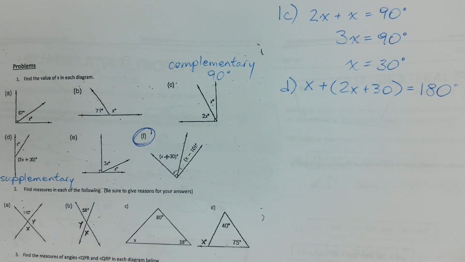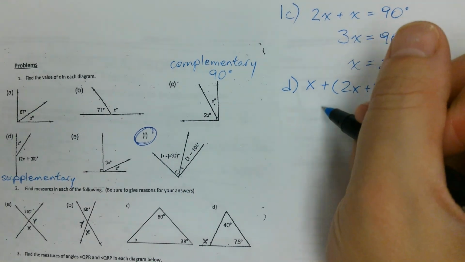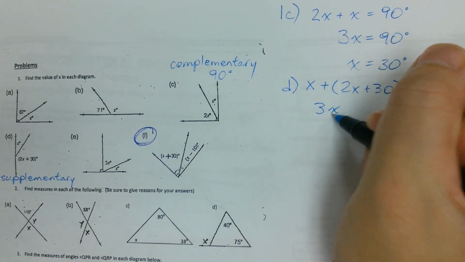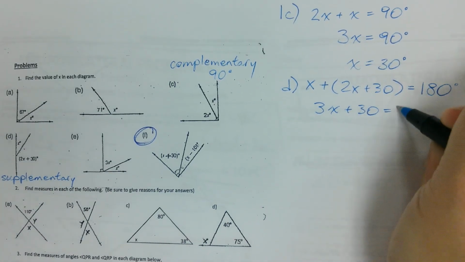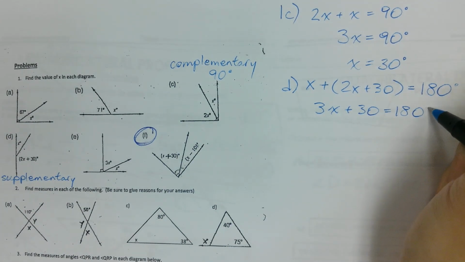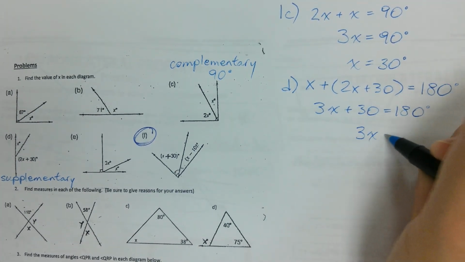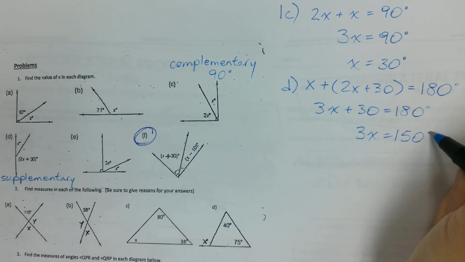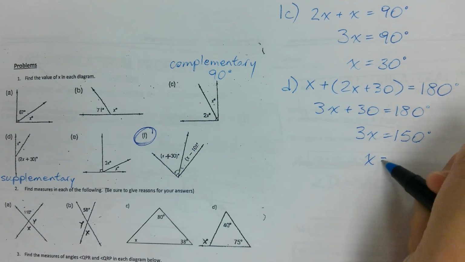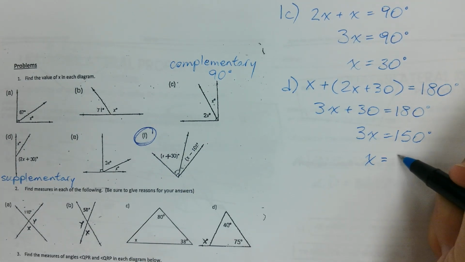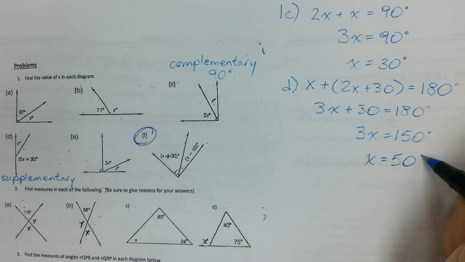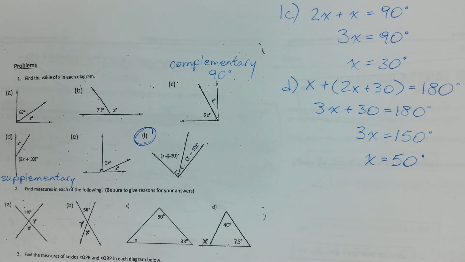Collect like terms, 3x plus 30 equals 180. Move the 30 over. So 3x equals 150. And then divided by 3. So 150 divided by 3, x is 50 degrees.